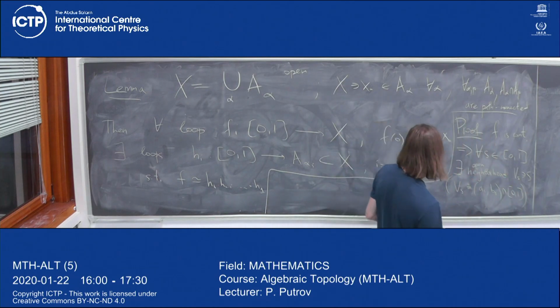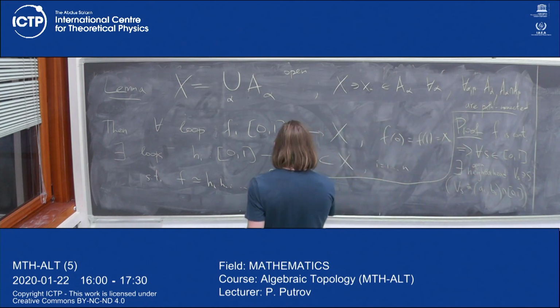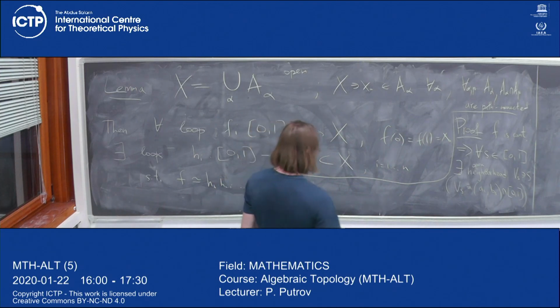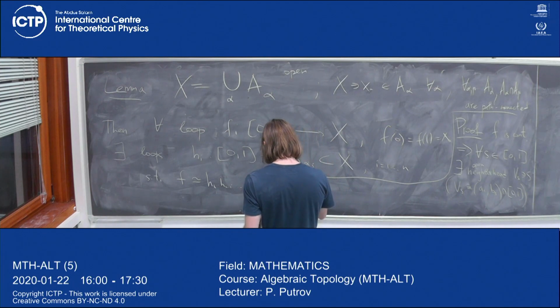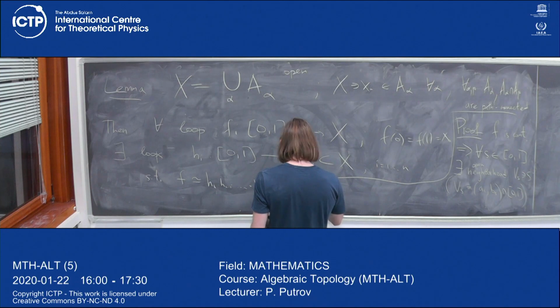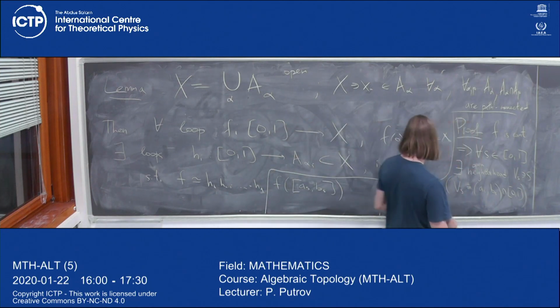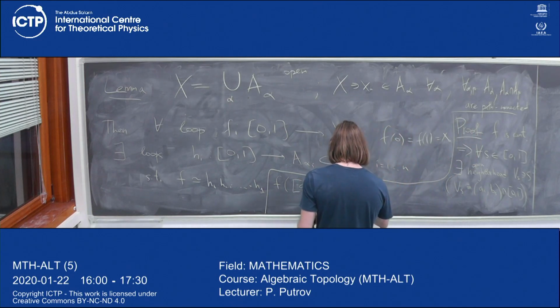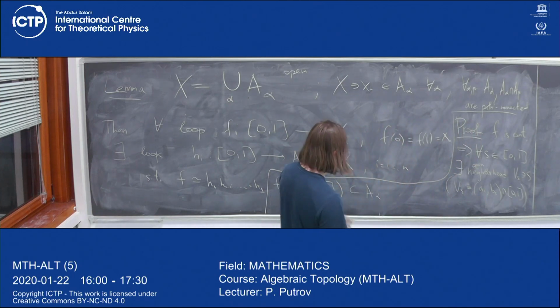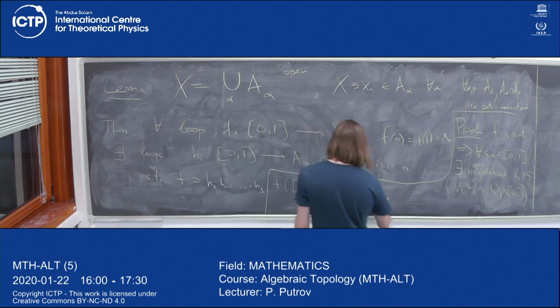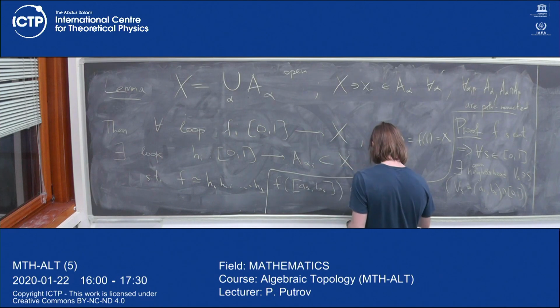And so the fact that f is continuous means that for any s, there exists such a neighborhood such that the image of the open neighborhood is contained fully inside A alpha for some alpha.